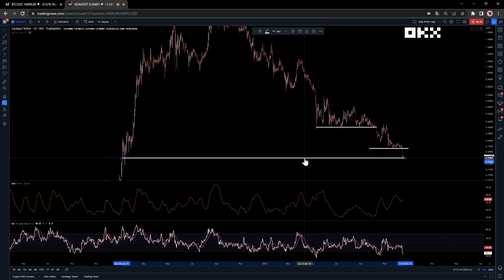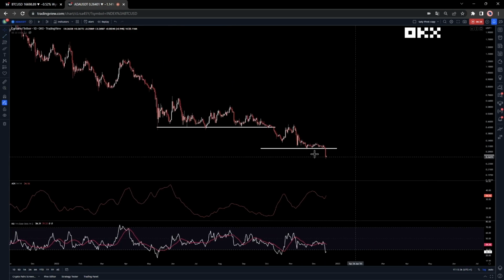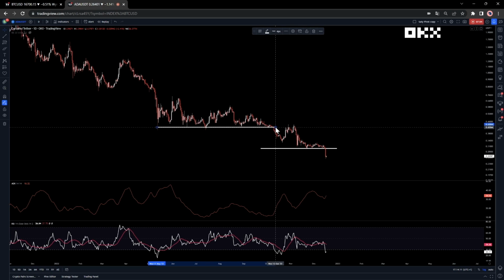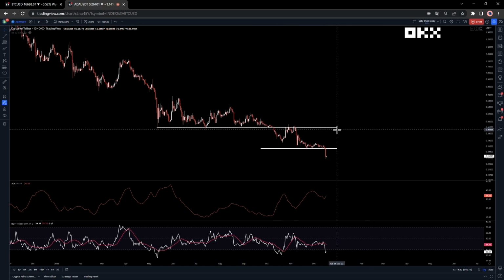So this means that there could at least be some reversal, which is here, then with this line being the resistance level. But a really bullish reversal would only occur if we saw Cardano breaking this trend line here and then jumping over this resistance level here as well, which would be at 42 cents.